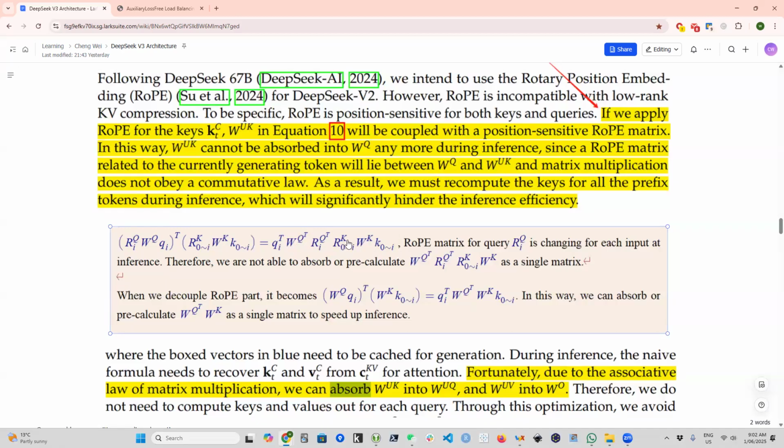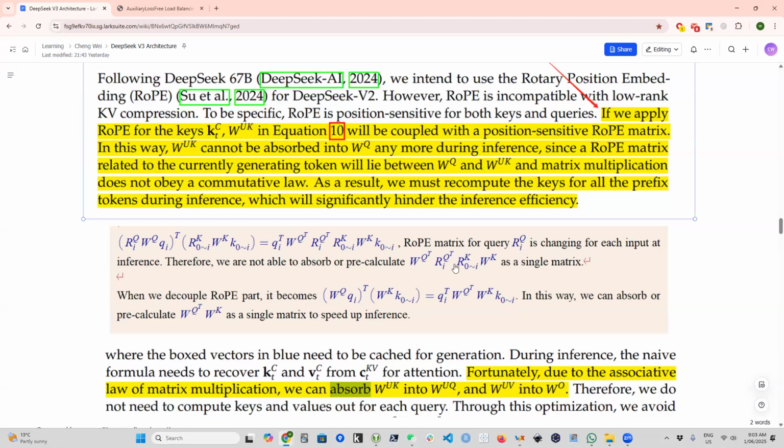That's what it's trying to say: the up projection matrix for K cannot be absorbed into Q, because this part is changing, so we cannot pre-calculate it as a single matrix.